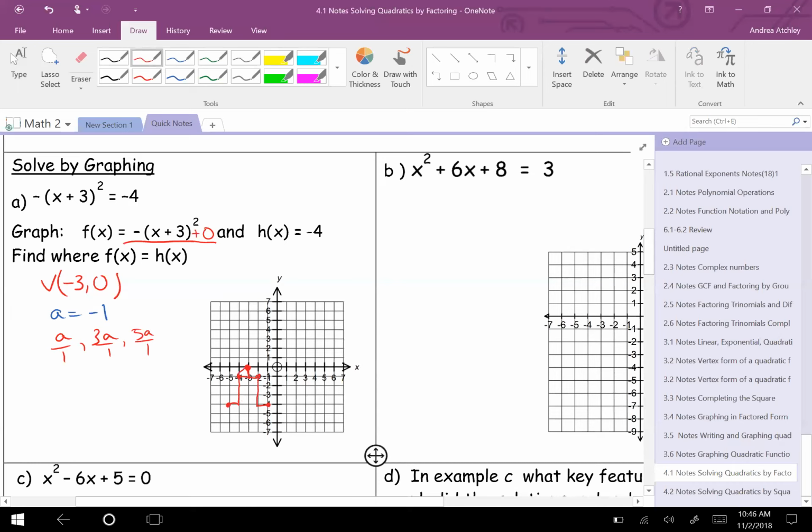And I'm going to try and graph my parabola as accurately as I can. And that's the parabola. Now I'm going to graph h of x equals negative 4. Okay, this is going to be a horizontal line.